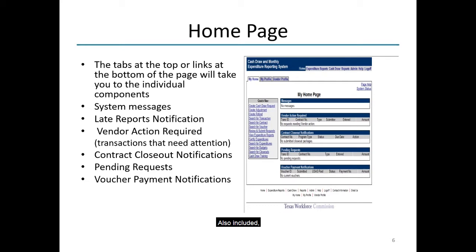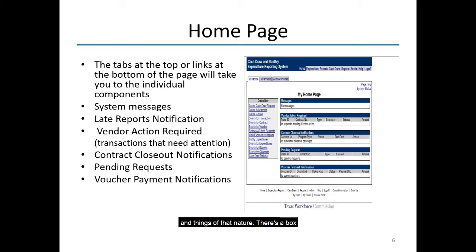Also included is a section where there are actions required by the vendor. So there may be a cash draw that's been submitted that is still needing some attention to finalize a pending request and things of that nature.